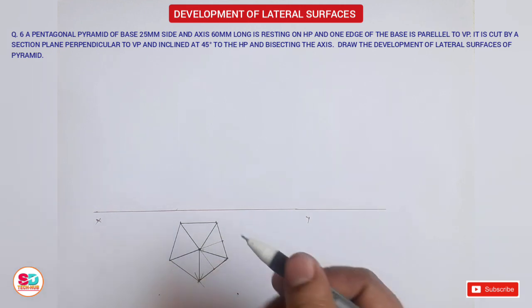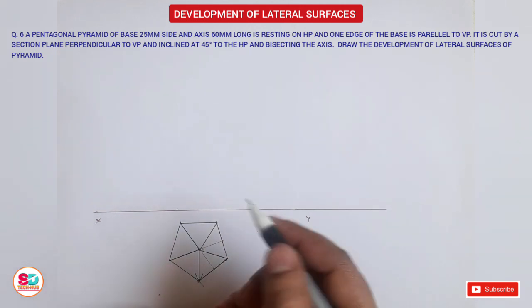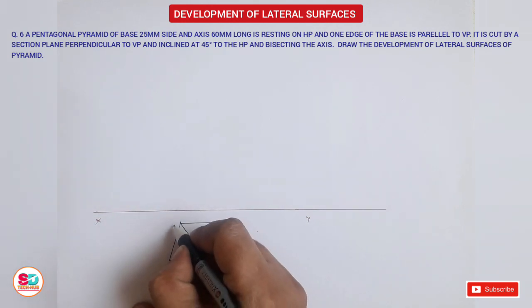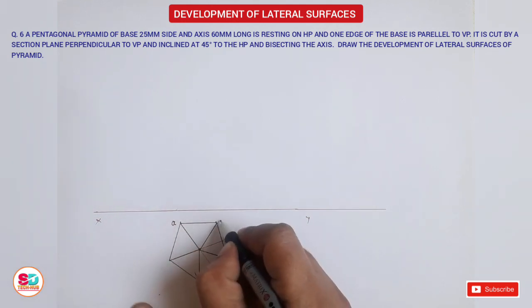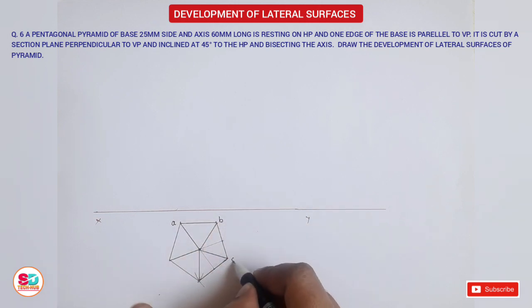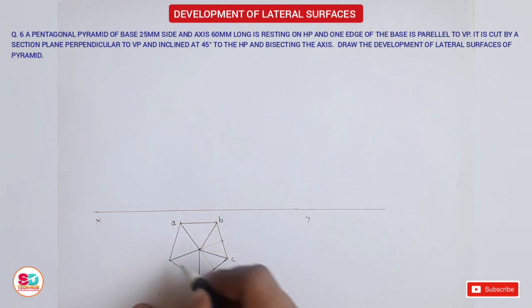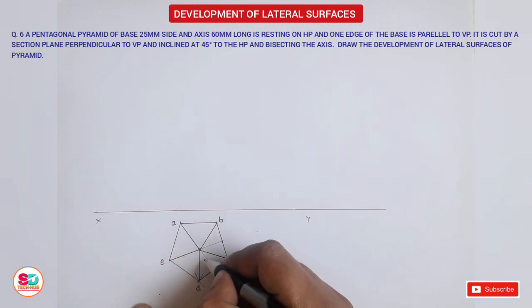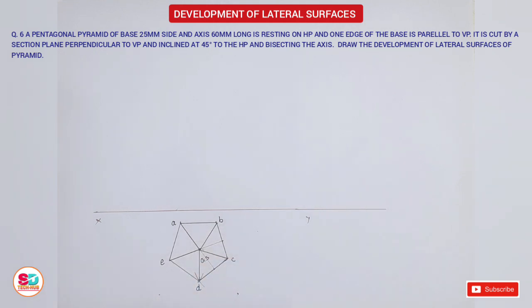Now we have to name each and every corner. We will start from here: this will be A, B, C, D, and this is E, and the point of intersection of these generators or slant edges will be O, S, which is the axis of the pyramid.